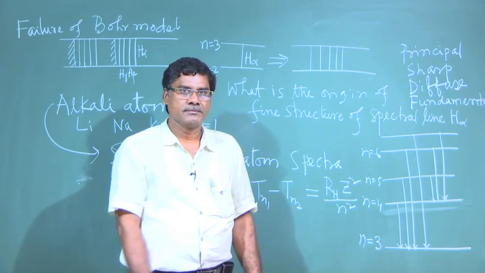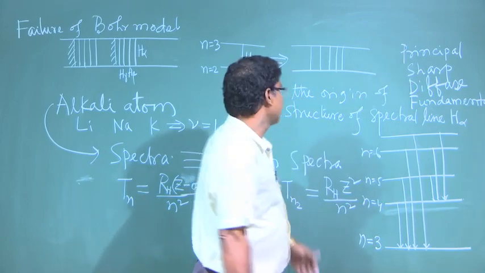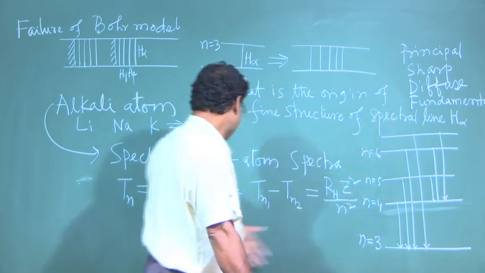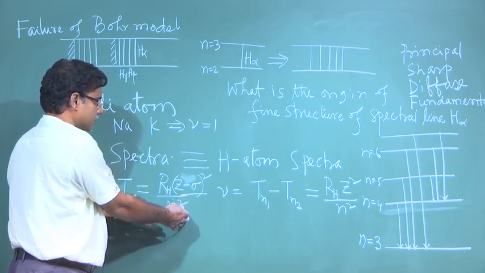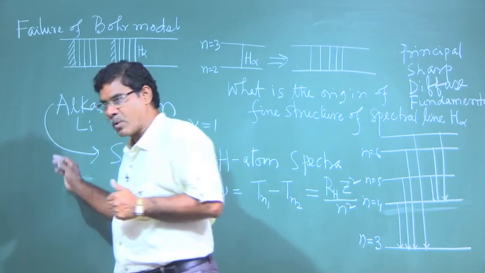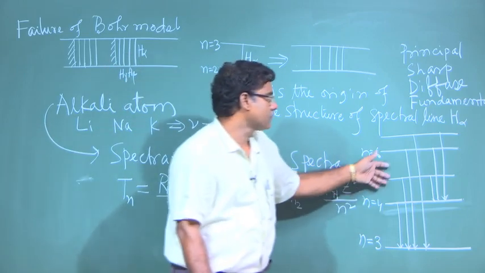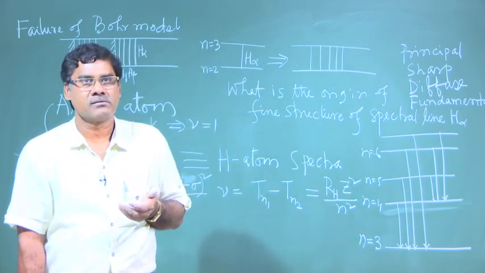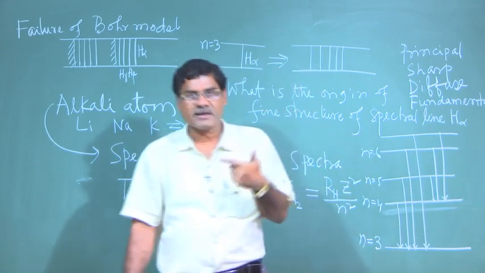But unfortunately, the wavelength of each series, using this model, this term, the value whatever this term from the Bohr model is giving, it cannot give the correct value of the wavelength or frequency of the spectral lines of the series.